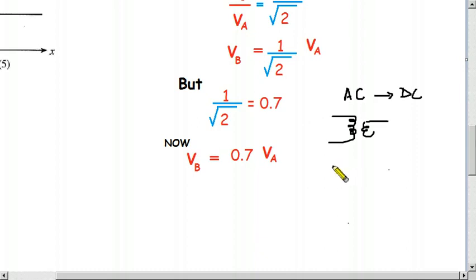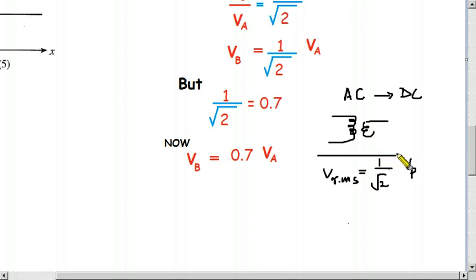There is an equation we come across, V root mean squared voltage is equal to 1/√2 times V peak.